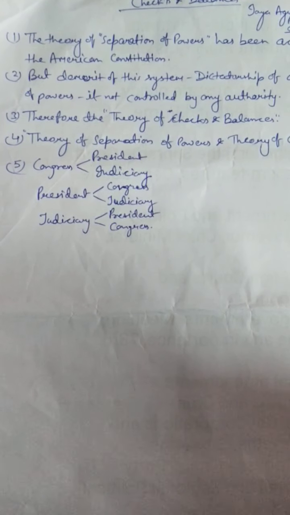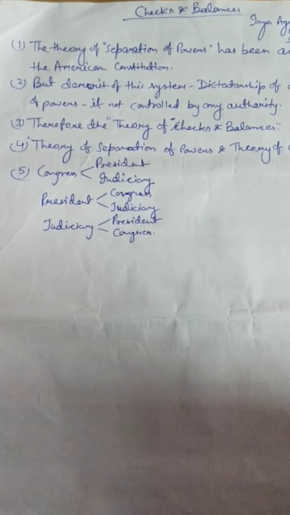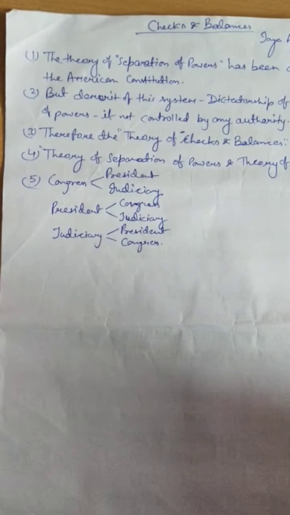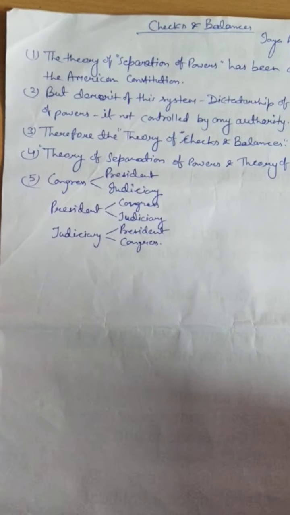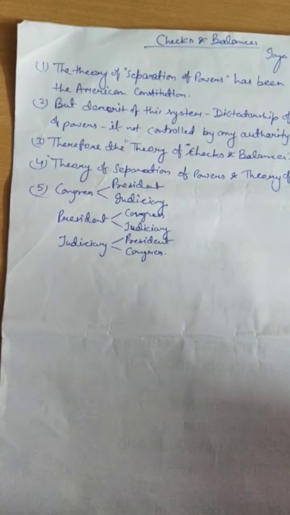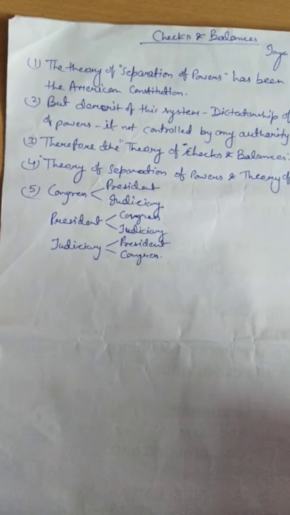It controls by passing the budget, and along with that there are treaties, when we talk about international relations, which need the verification of the Senate, the upper house of the Congress.